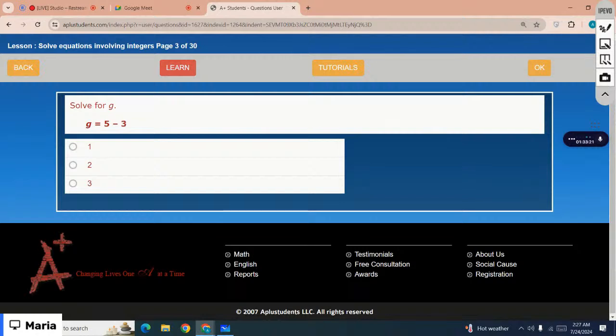Solve for g equals 5 minus 3. Very good. The correct option is g equals 2.